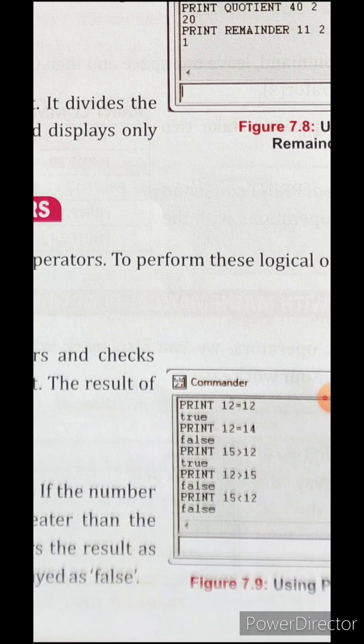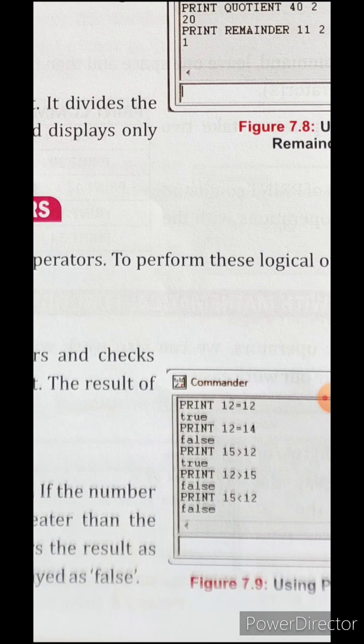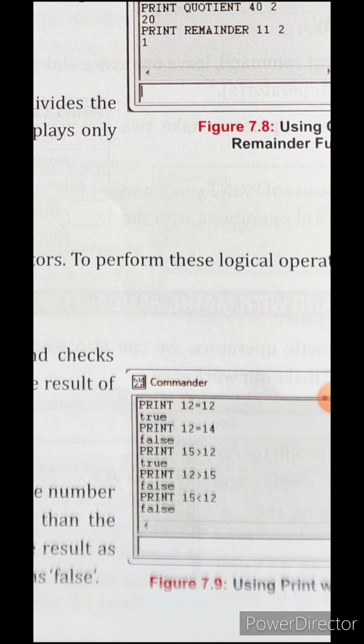If we put 12 greater than 14 also, then it will show false. If you put 12 less than symbol and after that you write 14, it will show true. In this way, print 15 greater than 12, greater than symbol is there, you can see it is also true. 12 greater than 15 is false. In such a way you can do.